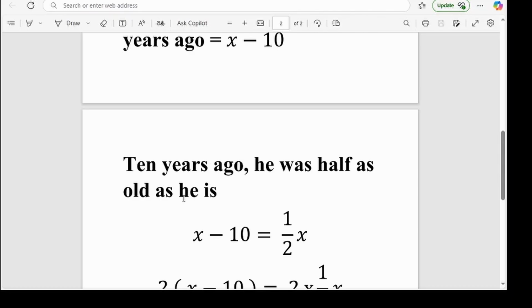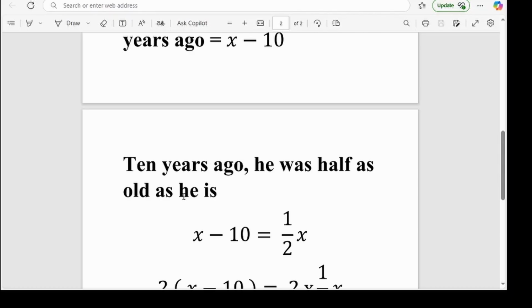It signifies that 10 years ago, he was half his current age. So "as old as he is" attached to half of his age 10 years ago. So the equation formed would be X minus 10 equals 1 over 2x, right?